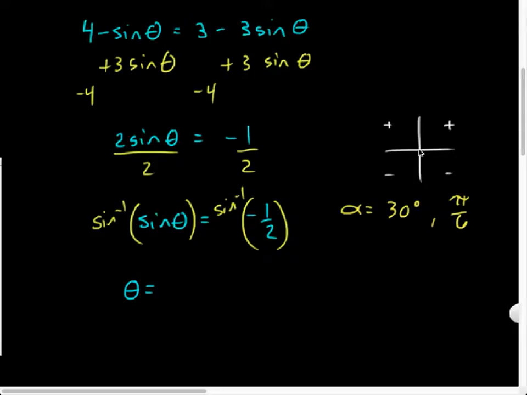So if my reference angle, alpha, is 30 degrees, or pi over 6, I have to figure out what my theta is going to be for each of these. So that's 210, and then also for this one, that's 330. I like that.